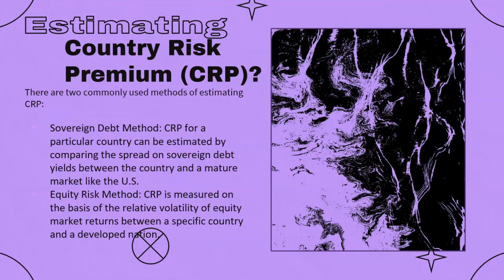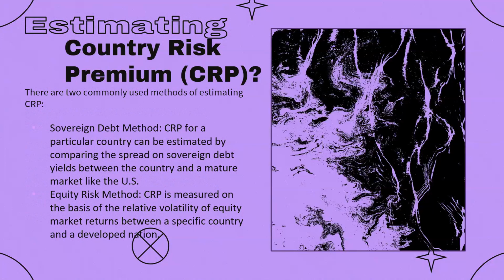So there are two commonly used methods of estimating the country risk premium. Number one, the sovereign debt method. CRP for a particular country can be estimated by comparing the spread on sovereign debt yields between the country and a mature market like the US. So meaning to say, we just have to compare our results versus a developed country.